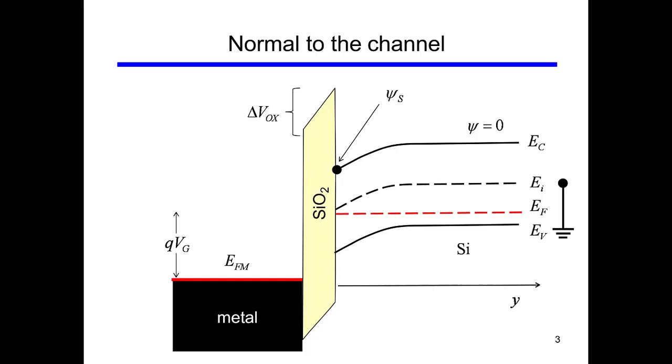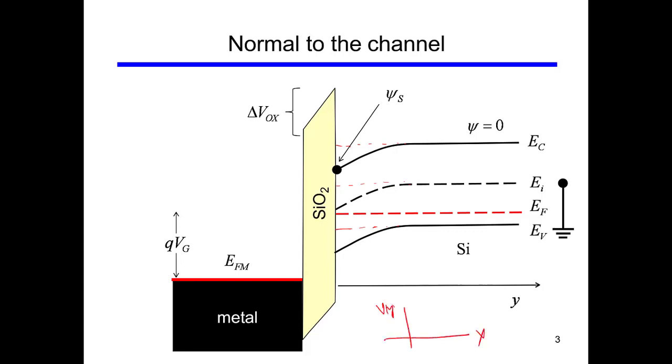Here it is shown again. So you see, in the absence of gate voltage, the energy bands are straight like this, but with the application of the gate voltage, a potential is developed.